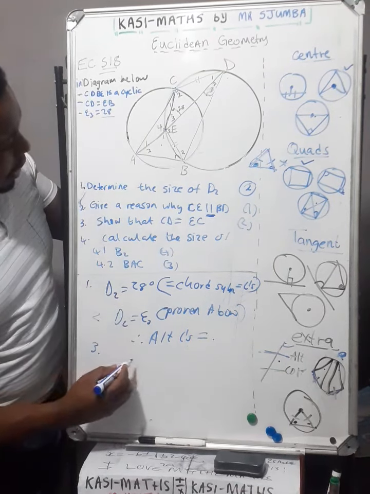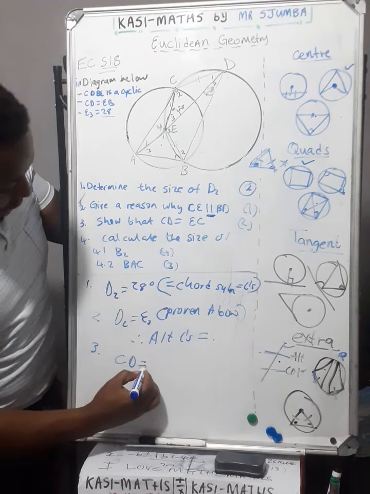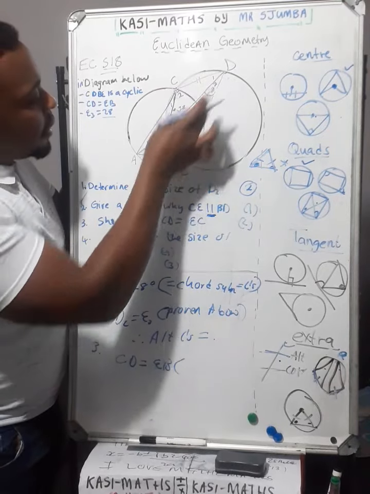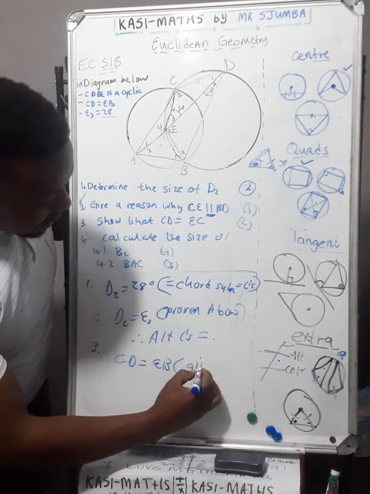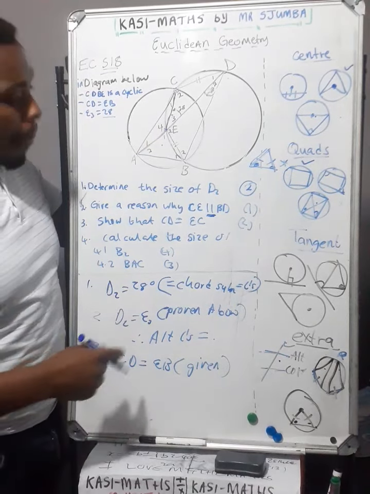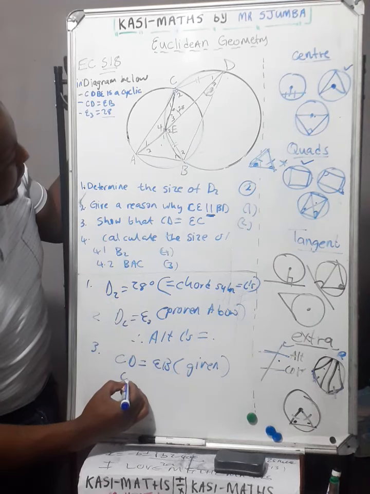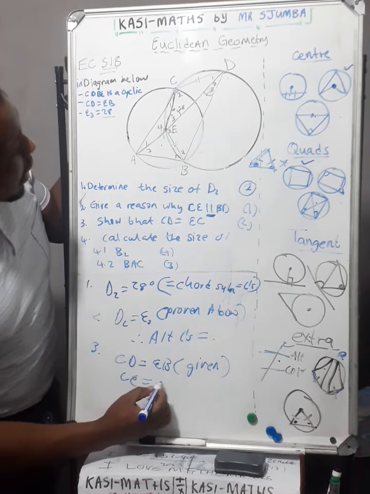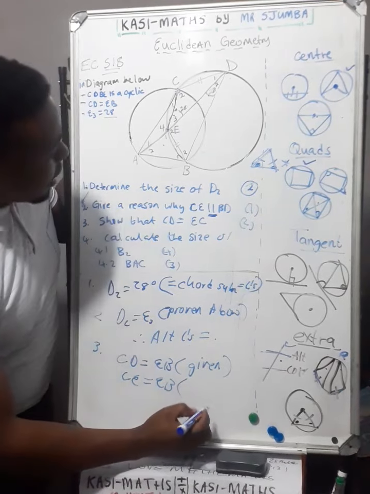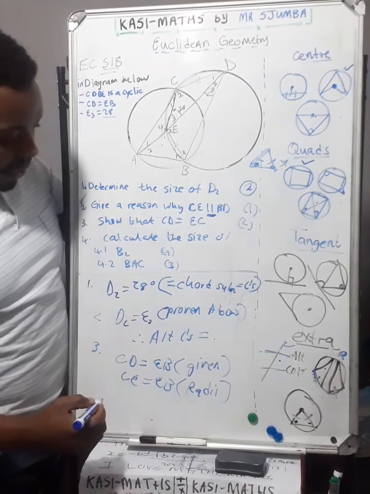So here we can just say CD is equal to EB. CD is equal to EB, it's given from the diagram and from our information. Then we come back here and say CE is equal to EB. Why do we say they are equal? Because they are radii.